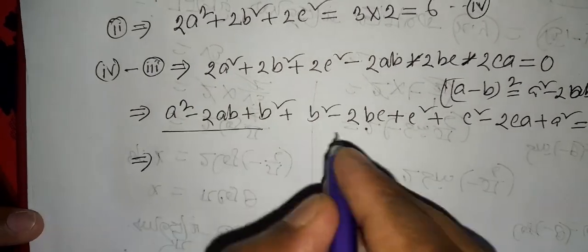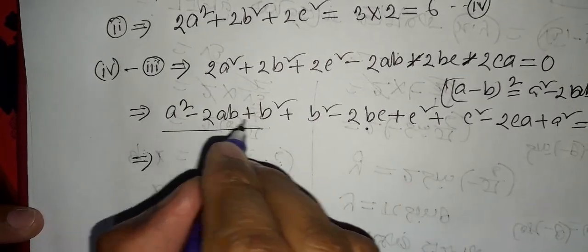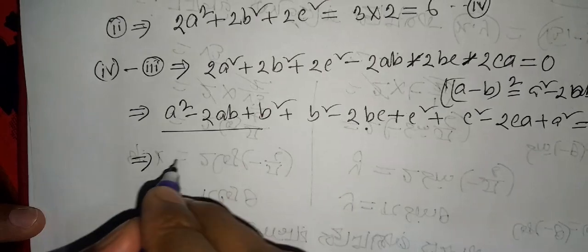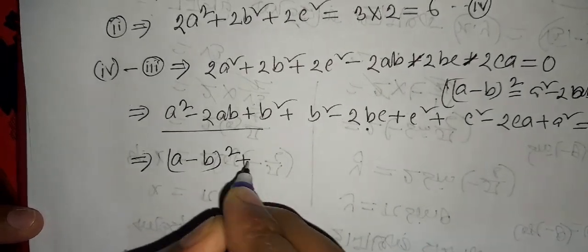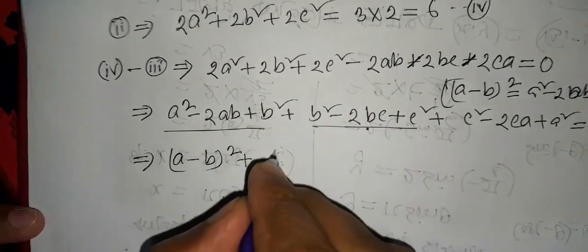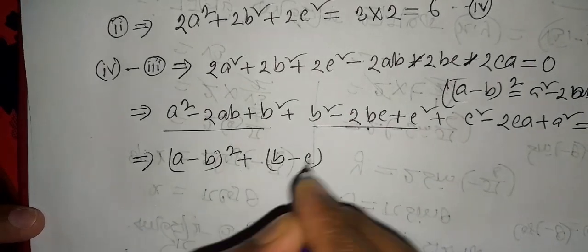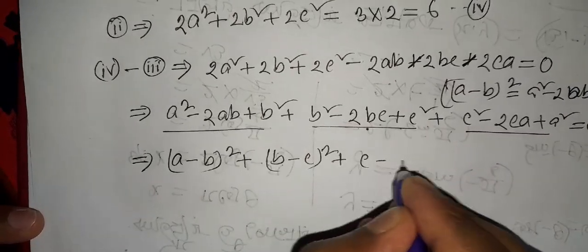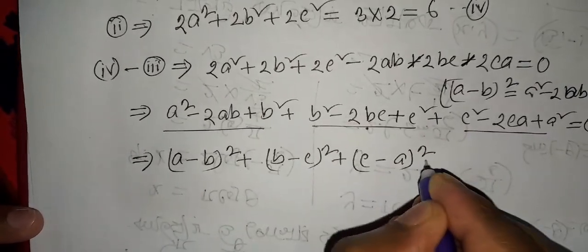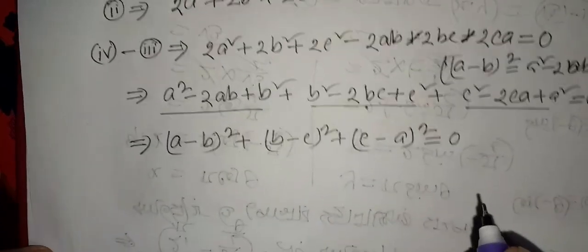We can write a square minus 2ab plus b square is equal to (a minus b) all square. Here we can write (b minus c) all square, and (c minus a) all square, is equal to 0.